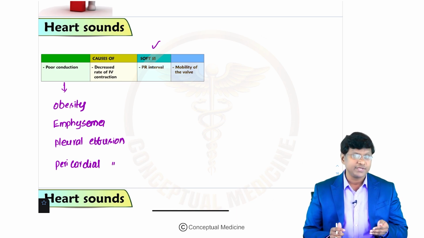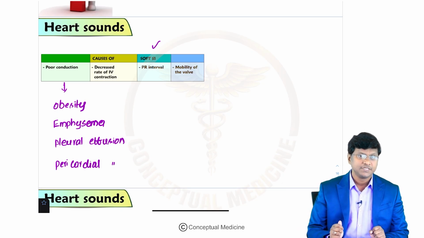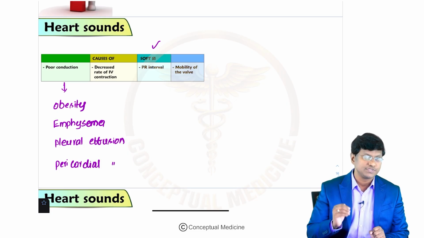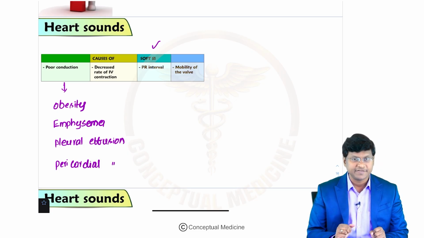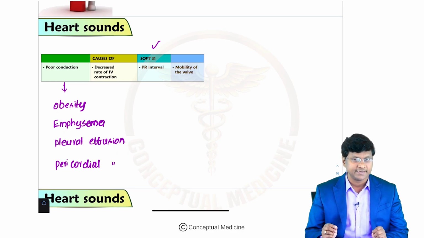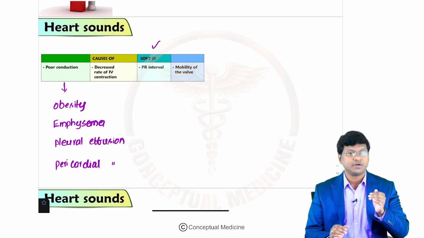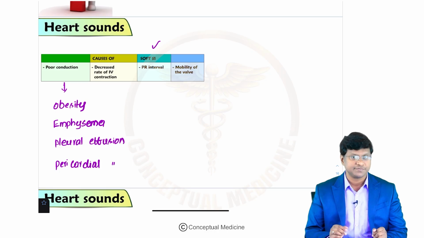These are the conditions where there is poor conduction of the sound to the surface of the chest wall. In obesity, there is lots and lots of fat, and that will prevent the conduction of sound to the surface of the chest wall. In emphysema, both the lungs are irreversibly, abnormally dilated, and they overlap the heart, and thereby the sounds are not transmitted adequately to the chest wall.